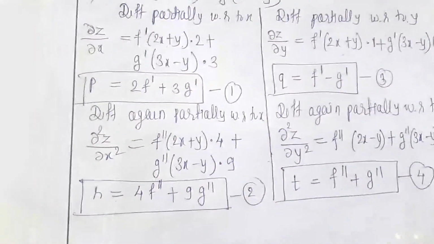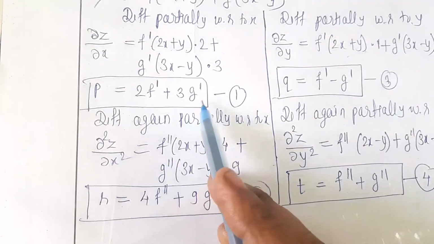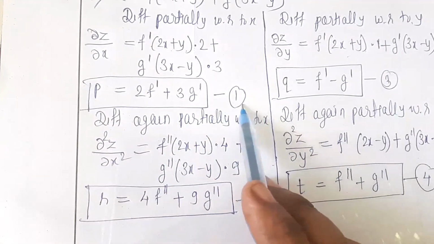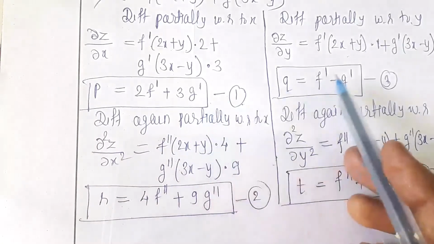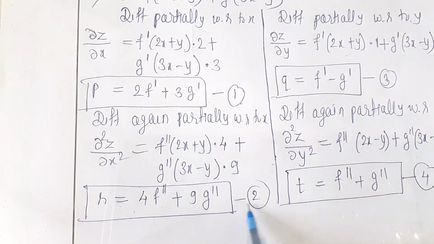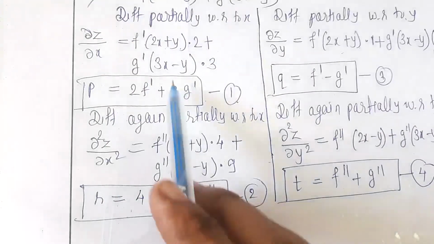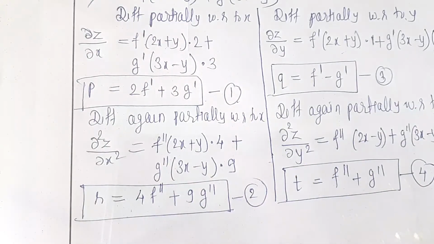Now here, after finding the derivatives, no arbitrary function gets eliminated. In equation 1 we have f dash and g dash, in equation 3 also f dash and g dash, and in equation 2 and equation 4 f double dash and g double dash. So we have to find some relationship between equations 1, 2, 3 and 4.